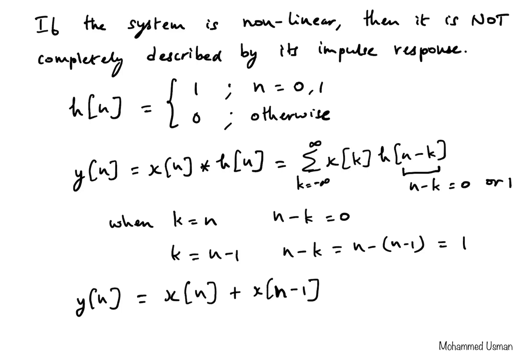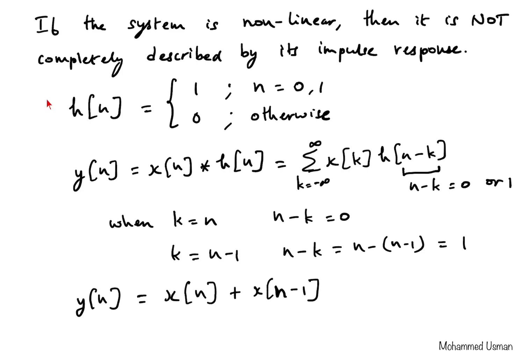And if this is describing a linear system, then there will be no other system which has this input-output relationship. So if we know this h of n, there will be no other LTI, linear time invariant, system which has the same impulse response. That means this impulse response completely characterizes this LTI system.